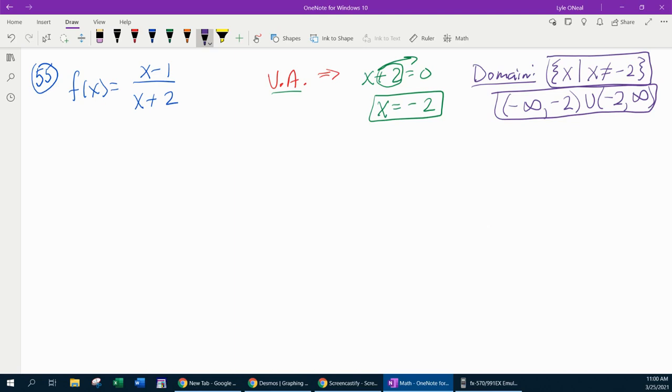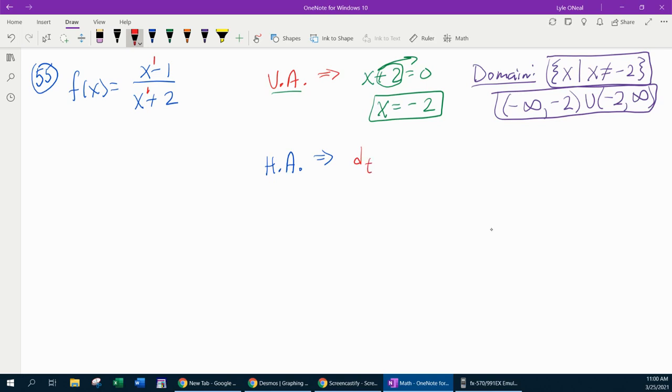Next, let's find the horizontal asymptote. Now, to find the horizontal asymptote, you have to compare the degree of the top to the degree of the bottom. Here, the degree of the top is 1, and the degree of the bottom is also 1.